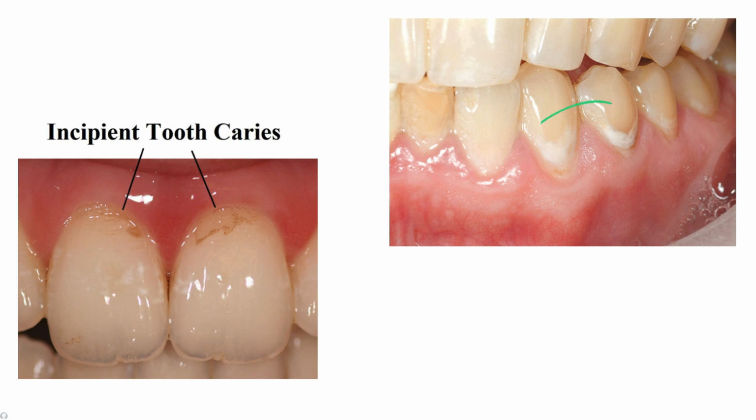At this stage, remineralization is possible without intervention from the dentist, which means you can get rid of the incipient caries without needing to go to the dentist and wasting your money. You can remove it by yourself by proper brushing of your teeth and flossing, and gradually it will go by itself.